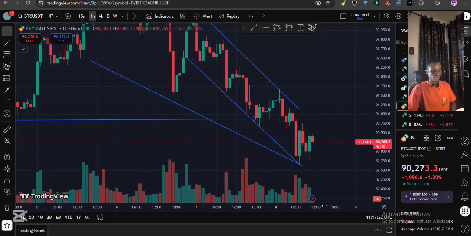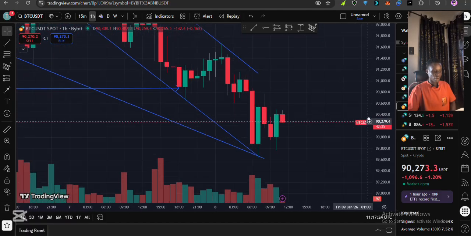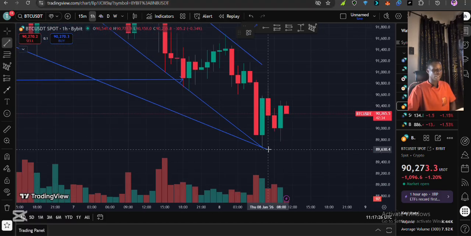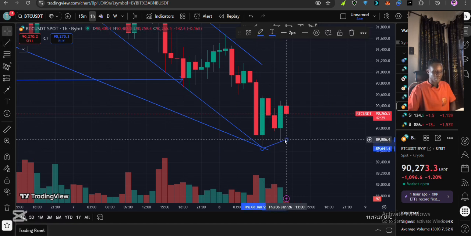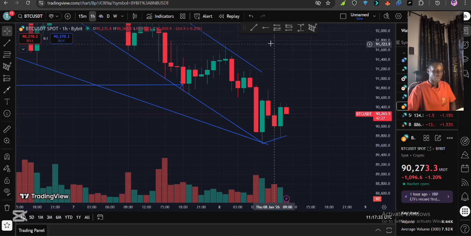So from what we are seeing here now, if I zoom out well, I can say from this point, the market is currently giving us something like this. This is a bear flag.